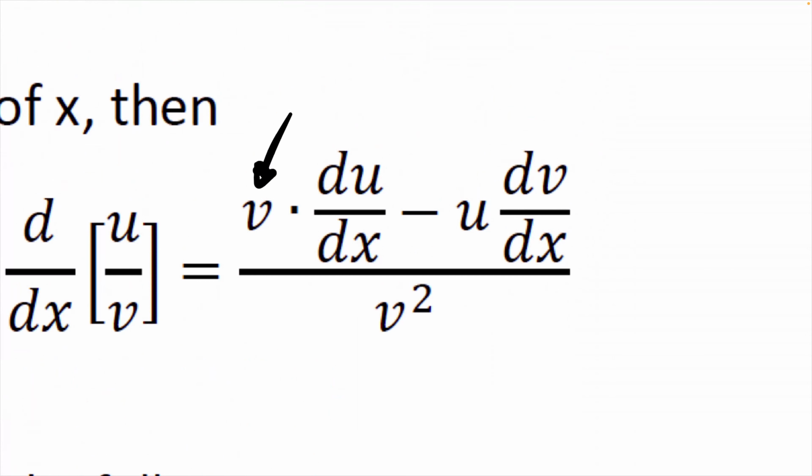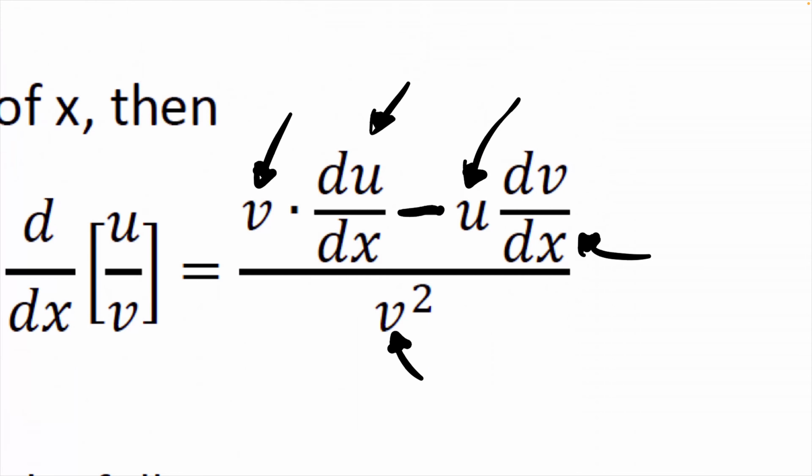So this is the bottom function, v is the bottom. Derivative of the top minus the top times the derivative of the bottom, over the bottom squared. Okay?